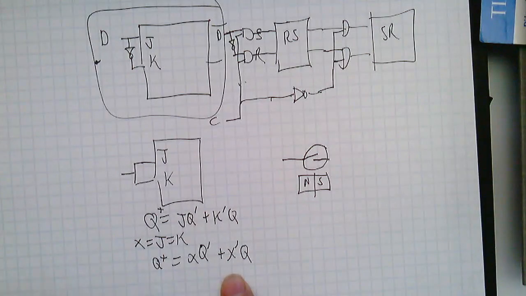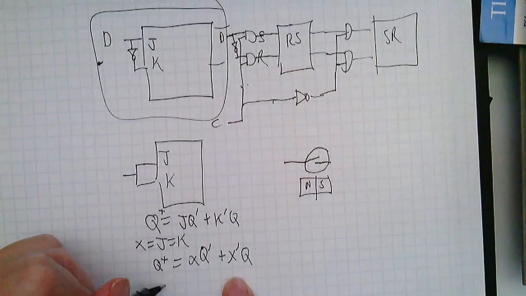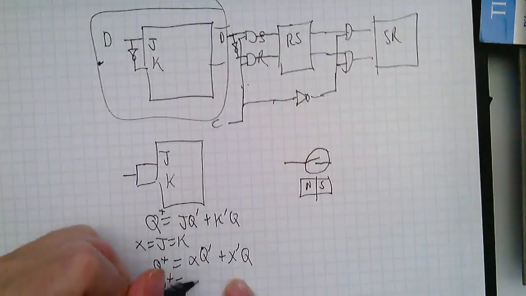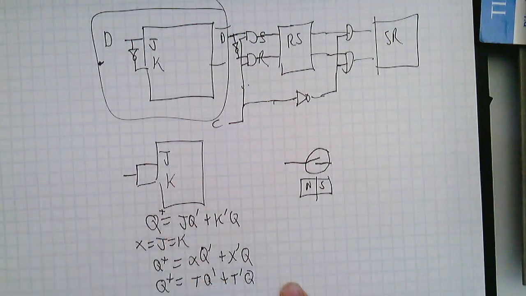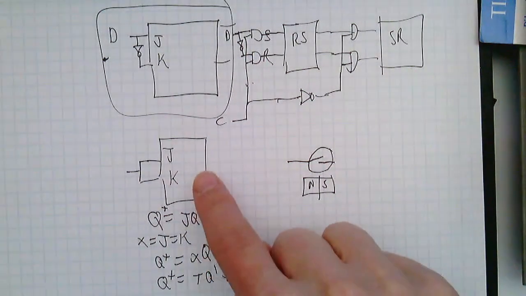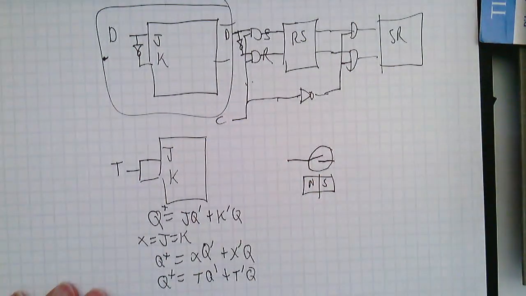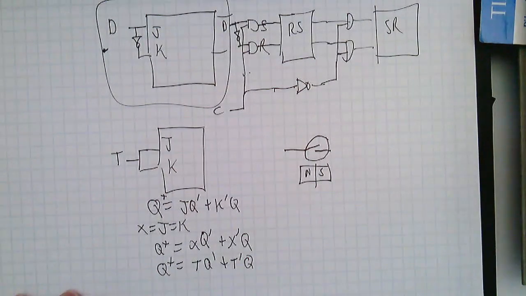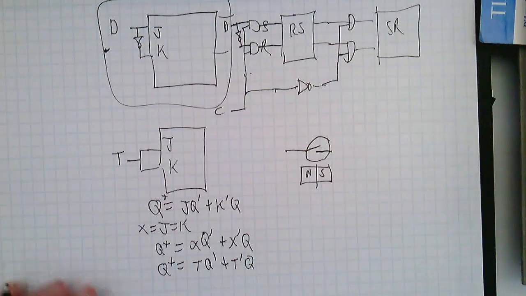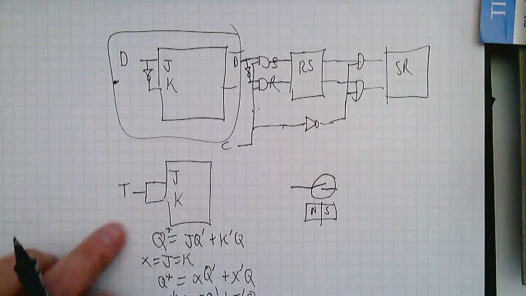Alvin, can you go ahead? That's a T. Yeah, so that would be a T Q prime or T prime Q. So what we did was we made a T flip-flop using a JK flip-flop. So that's what that did. Right, so this is the D right in here. That's a T. They both have one input, but you can see they're different, right?